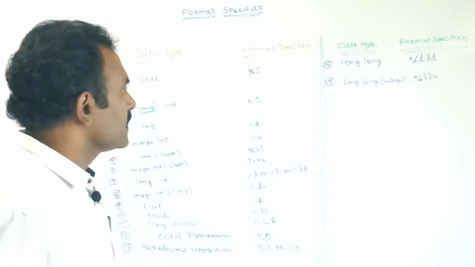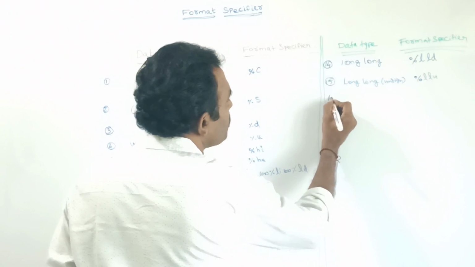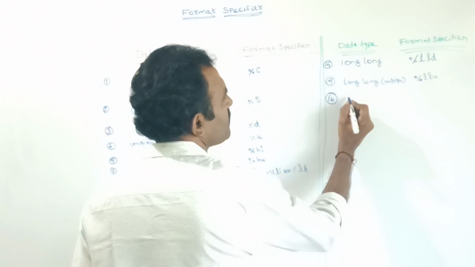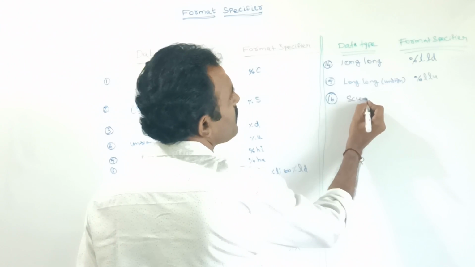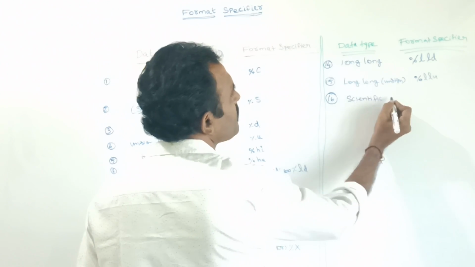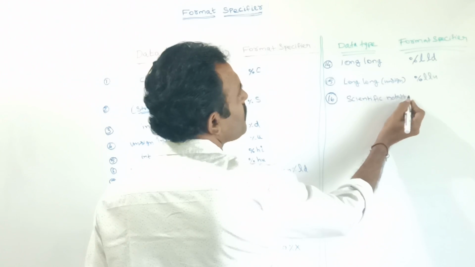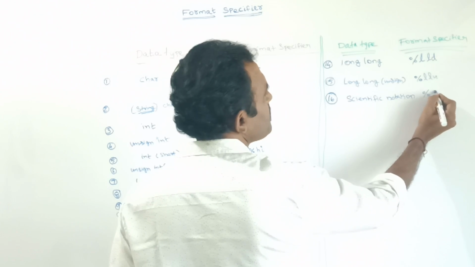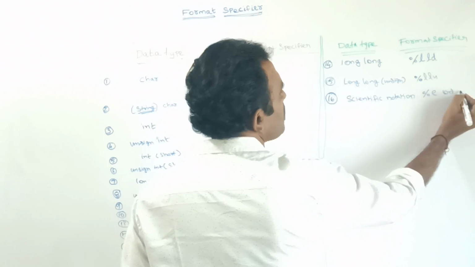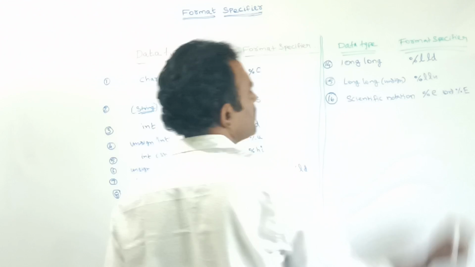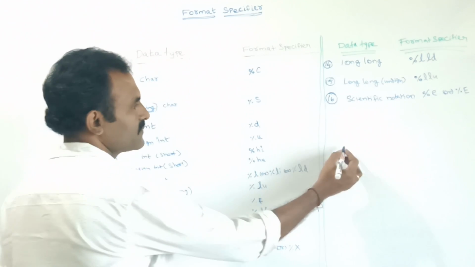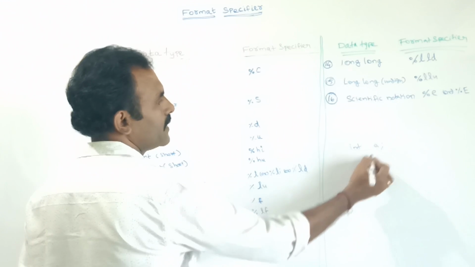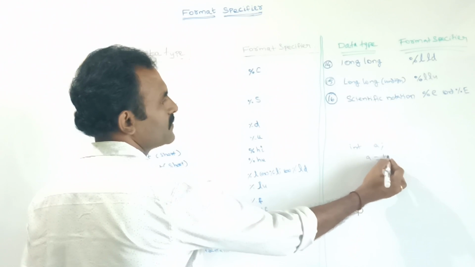Next, the 16th one, for scientific notation we can use the format specifier %e or %E. Suppose I declare a variable a and store the value 100 in it.